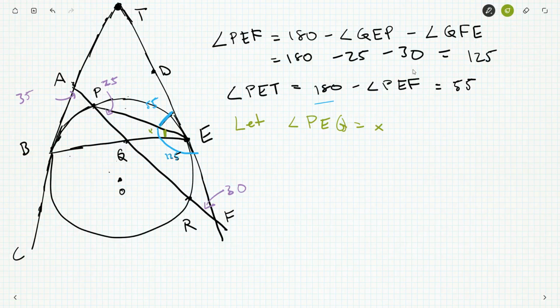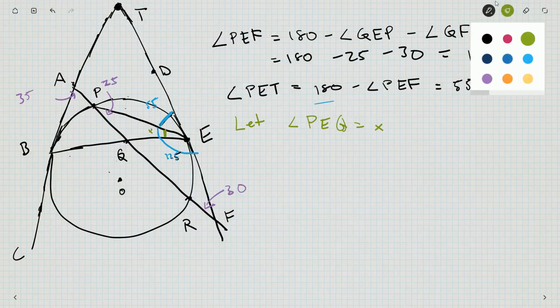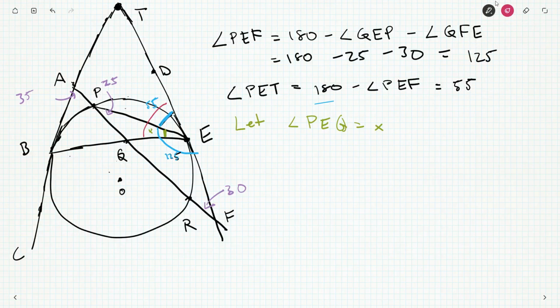So now we got this whole thing is 55 plus X. This right here, we got 25 plus X over here by the exterior angle theorem. And this right here is going to be 180 minus 25 minus X, which is going to be 145?